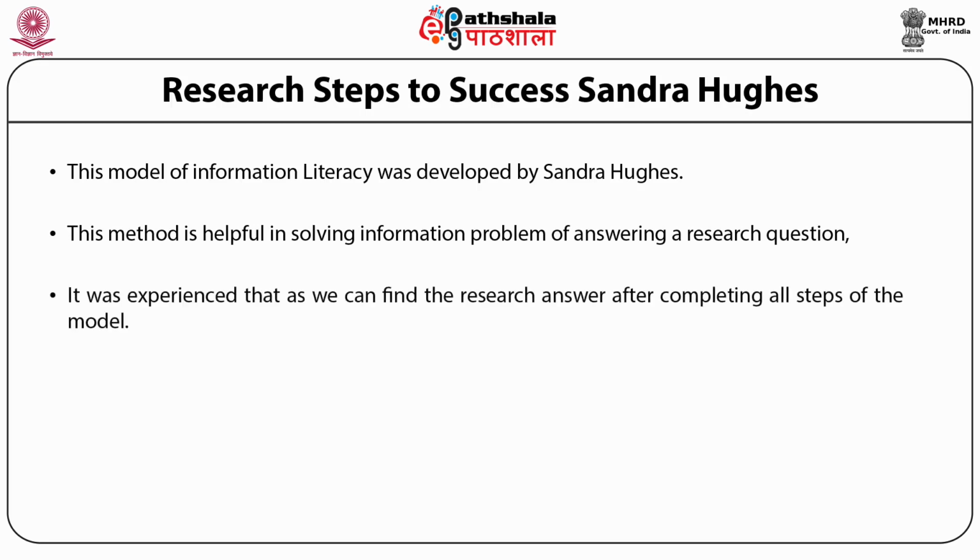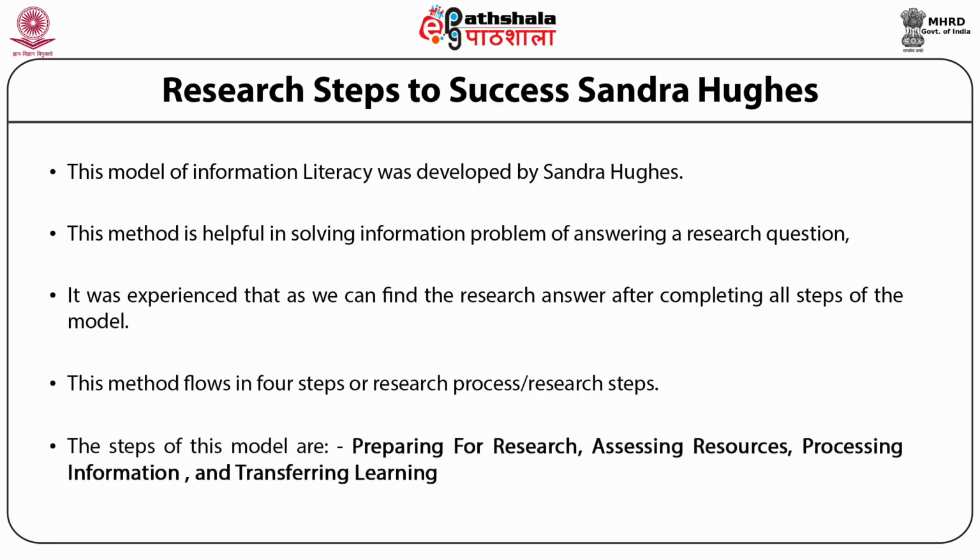It was experienced that we can find the research answer after completing all steps of the model. This information literacy model is helpful for conducting research as well as journal information literacy. The steps of this model are preparing for research, assessing resources, processing information, and transferring learning.